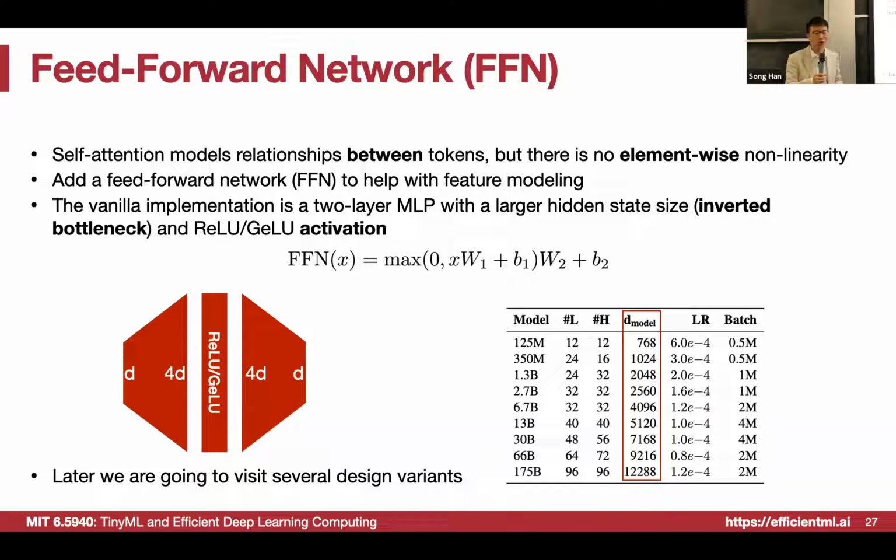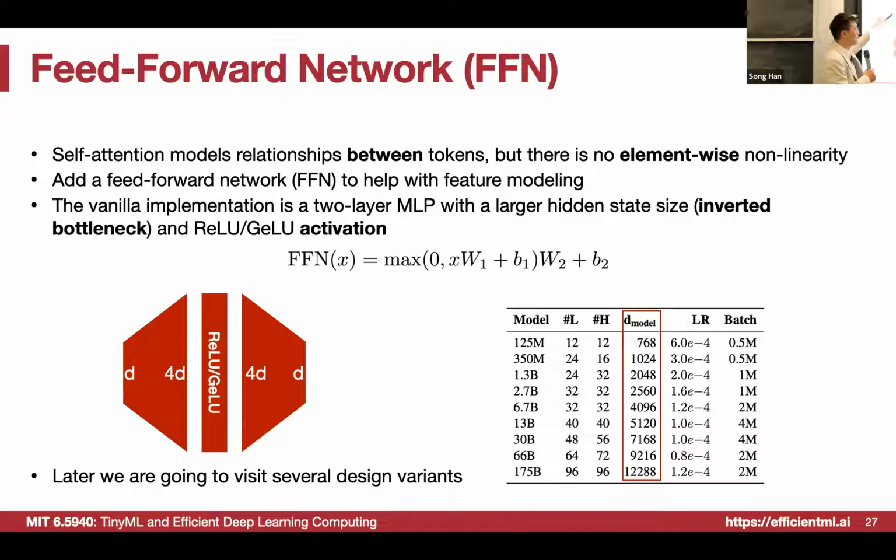But we also want to learn the token-wise, element-wise nonlinearities, and apply those nonlinearities to each hidden dimension. Therefore, we added this feed-forward network to help with the feature modeling for each hidden dimension.